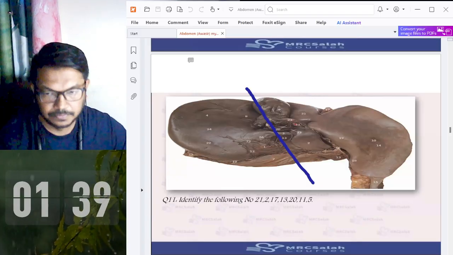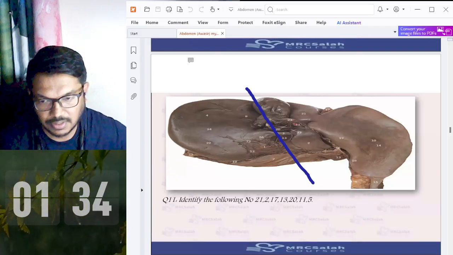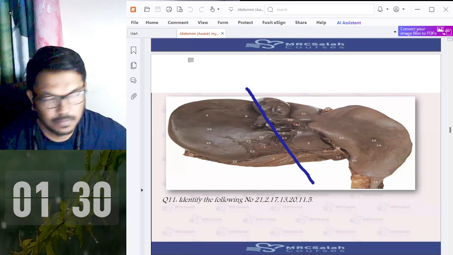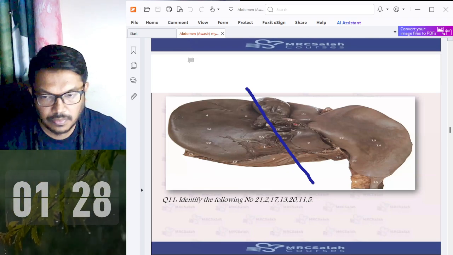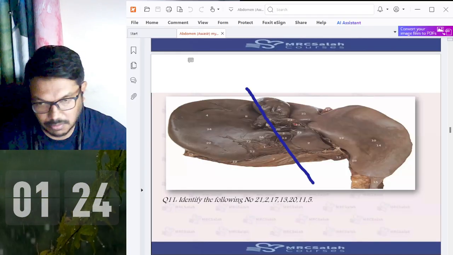Okay. What is the venous drainage of the liver? Inferior vena cava and hepatic vein. And how much blood do they carry, in percentage?